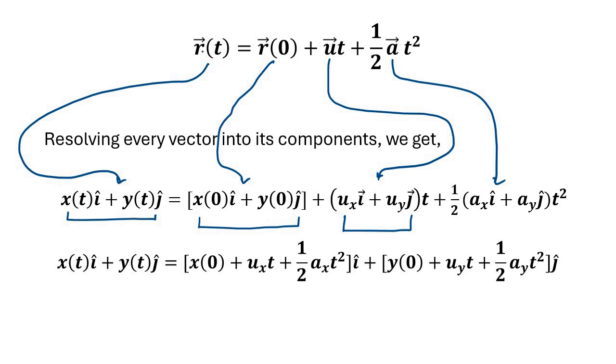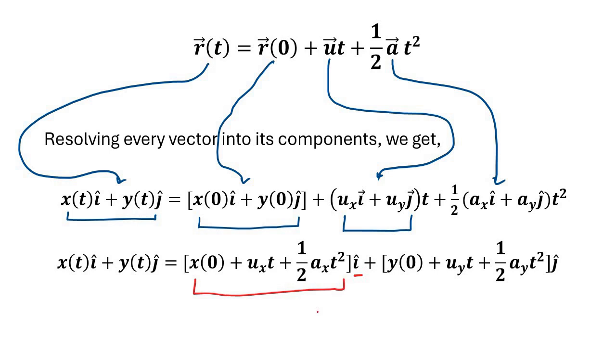Now what we have to do, like we did in the previous video, we have to bring all the coefficients of i cap together. All the coefficients of i cap, that is x0 plus uxt plus 1 half axt square. This is one.